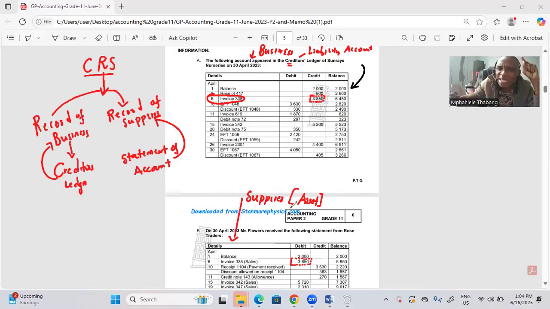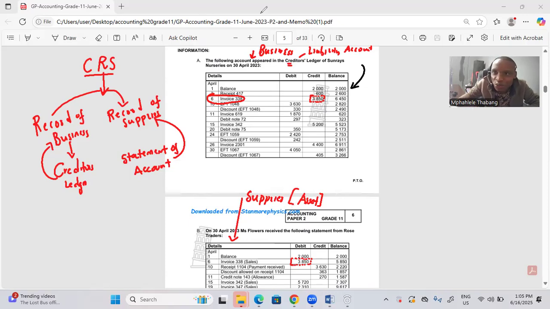And what is on the debit side of the creditors ledger must also be found on the credit side of the statement of account. So we are going to compare these two, with the main aim of identifying differences and correcting those differences.